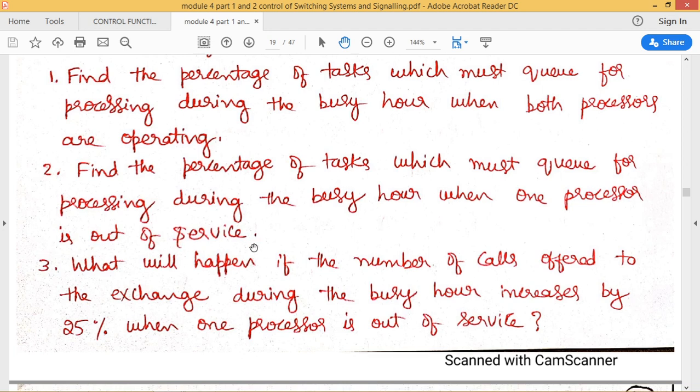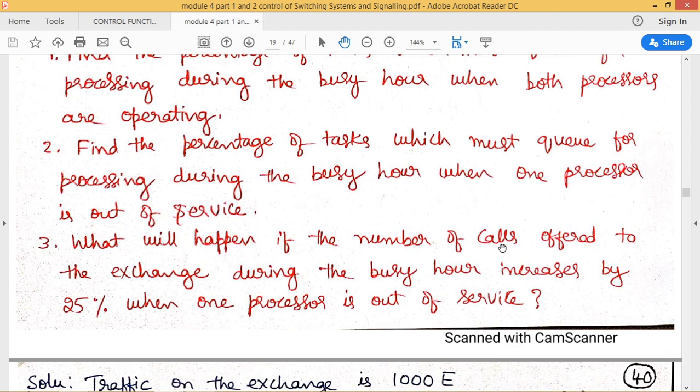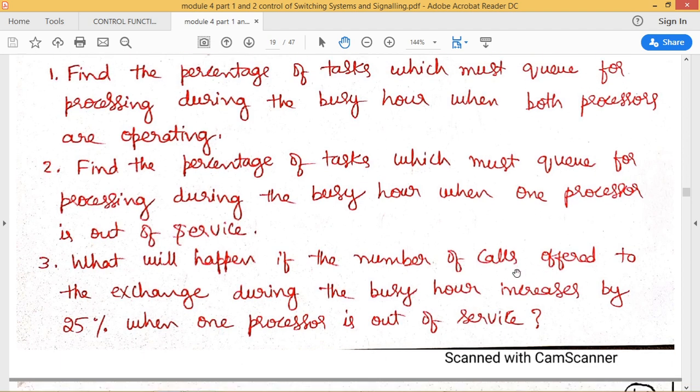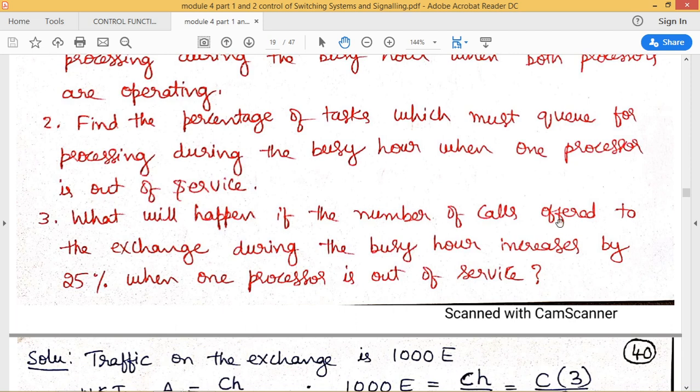And also, what will happen if the number of calls offered to the exchange during the busy hour increases by 25% when one processor is out of service? Right now the condition is that only one processor is working and the other is out of service.